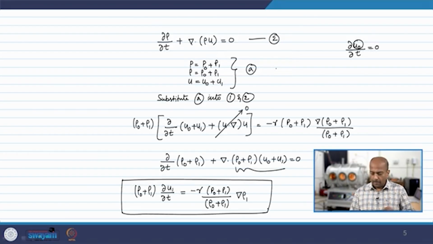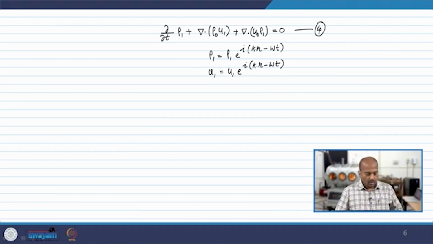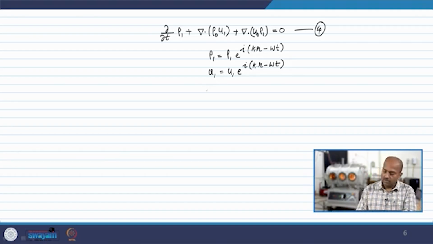Now, if you look at these two equations, we call this as 3 and 4, and we consider that the wave or the oscillation is along the x direction. So, k can be taken to be k x cap and velocity u can be taken to be u x cap.